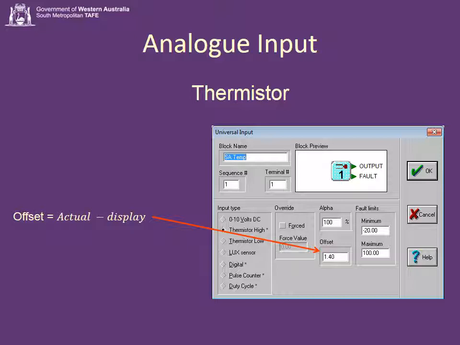You double click on the input block, you find the thing that's called offset. Now this is the Initech I'm showing you here. You find the thing that's called offset and you change it. And what you do is you take what you're actually reading using your digitally accurate meter, what it's saying on the screen, in other words the display value, you take the display away from the actual and that's what you put into the offset. And when you do an OK on this, the actual and the display should be the same thing.